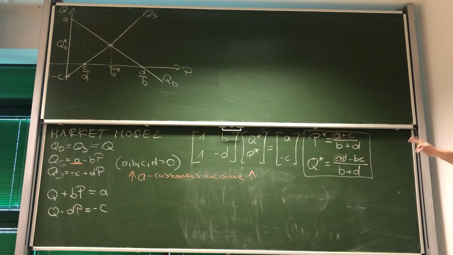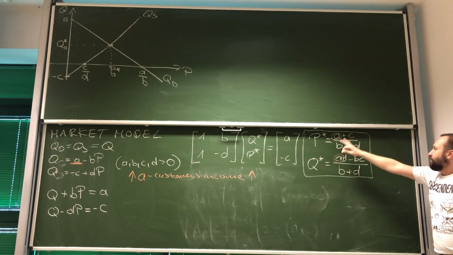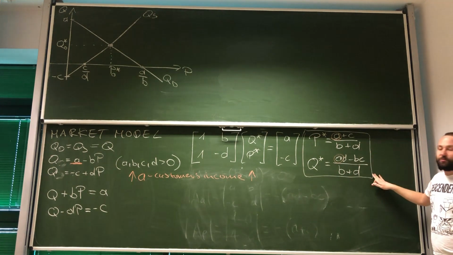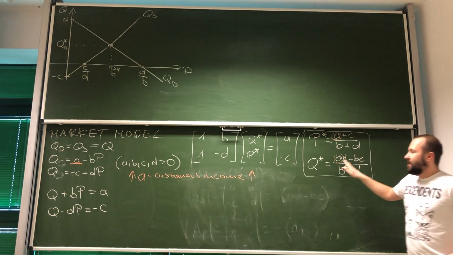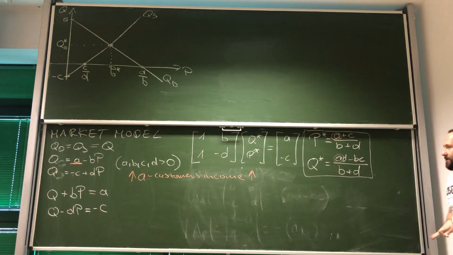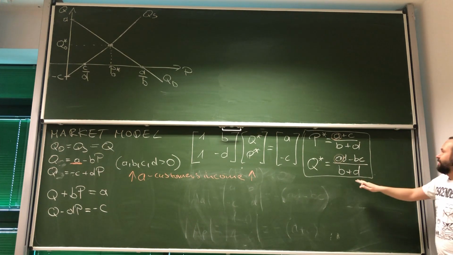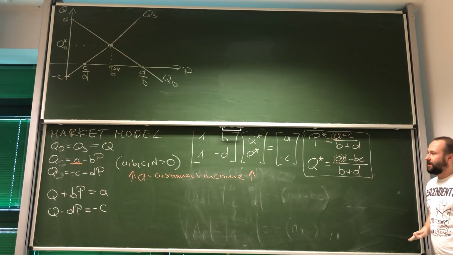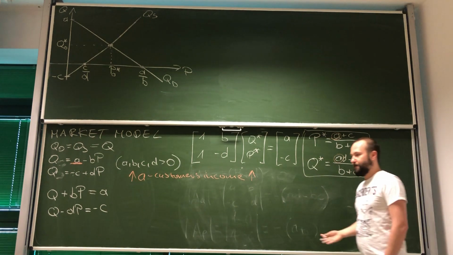So look, given the parameters of the model, given the assumptions, this is the equilibrium price and equilibrium quantity. But now, because this A enters equilibrium price and quantity, I can directly see what's going to happen to equilibrium price and quantity as A is changing.